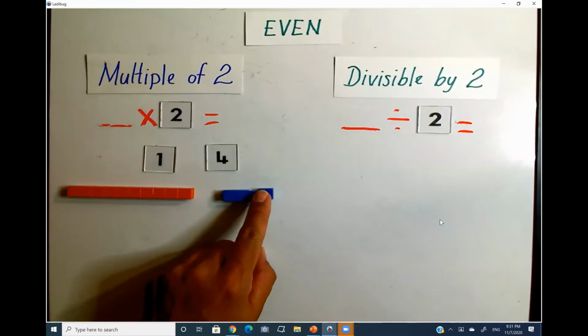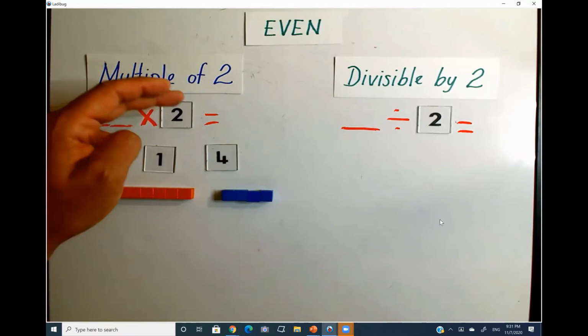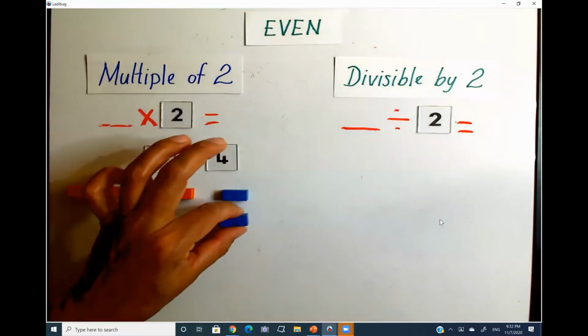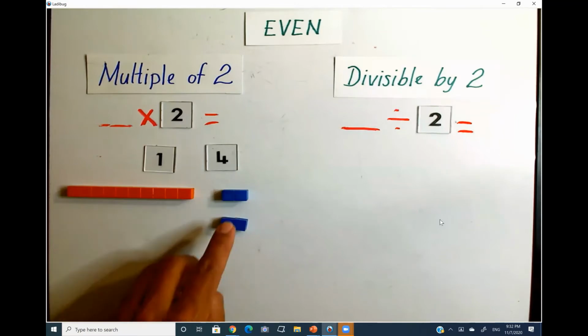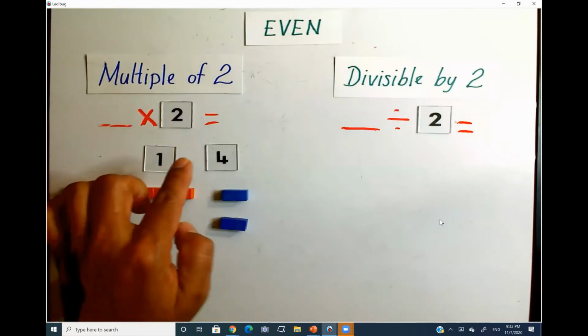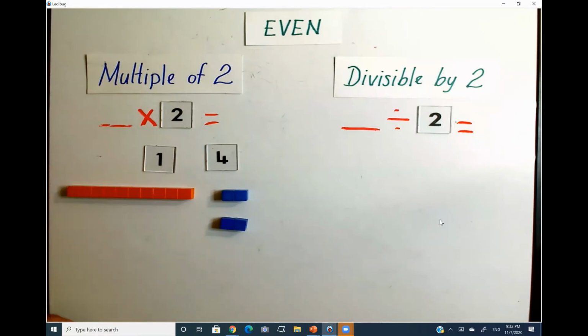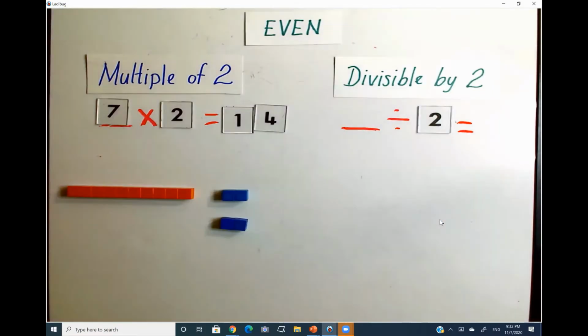And if I can group this in groups of 2, because multiplication is making groups of 2, then I can notice that this is an even number because I have 2 groups of 2. There's no remainders, so 14 is a multiple of 2. And I know because the factor missing is 7, and 7 times 2 is going to be 14. So 14 is an even number.